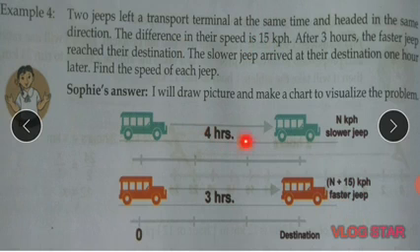And the slower jeep reached the destination in 4 hours, and the faster jeep reached the destination within 3 hours.